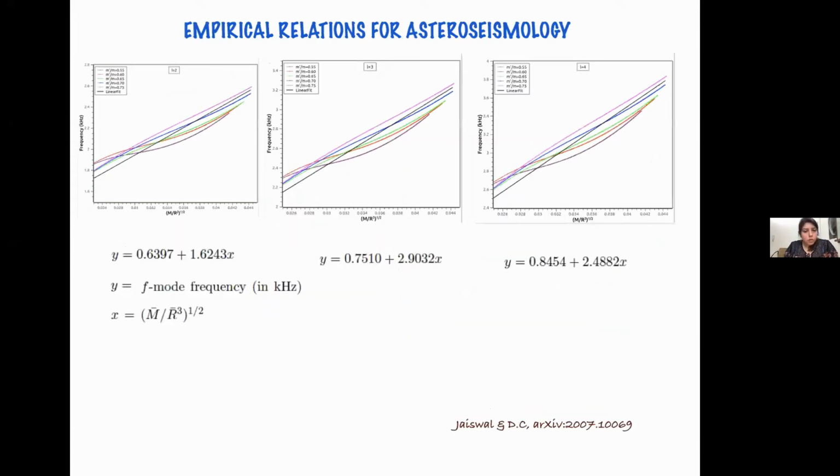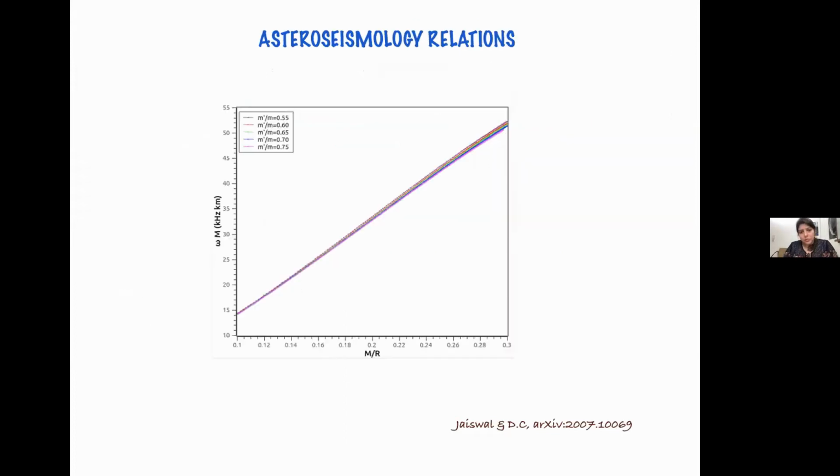Now we also wanted to study these empirical fit relations for astroseismology for our uncertainty band of the effective nucleon mass and for the l equal to 2, 3, and f modes. So we obtained the fit relations, which now consider this entire span of uncertainty. And very interestingly, we found indeed that the scaled frequency of the f modes is equation of state independent when we plot the correlation with the compactness.